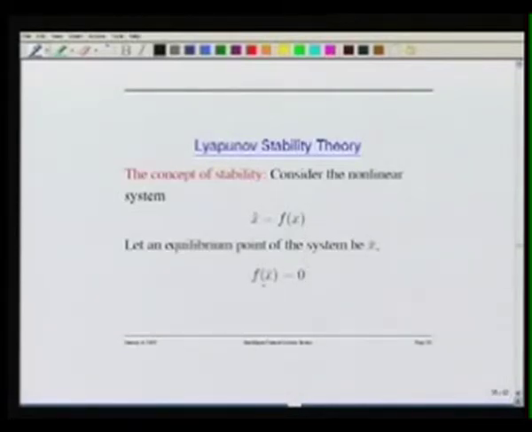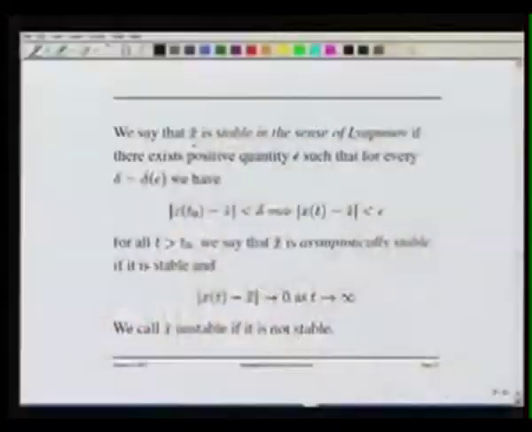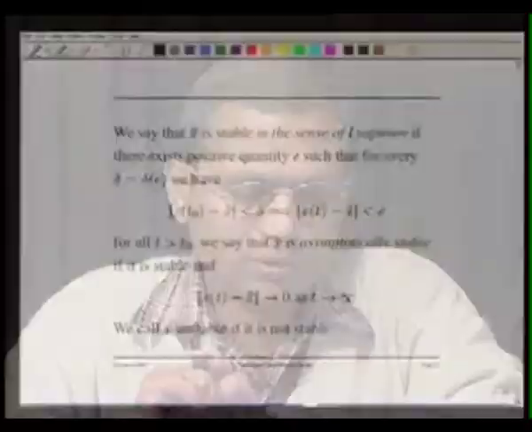The equilibrium point x bar is stable in the sense of Lyapunov, this is the definition we are giving now. Whatever we are seeing on this board is all definition.